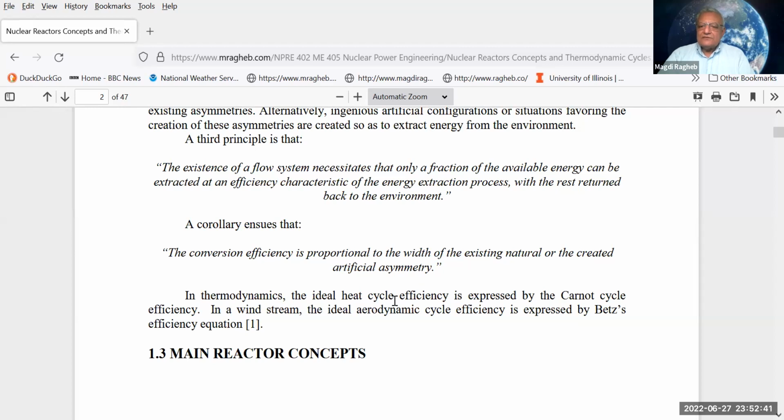You'll find that for each form of energy extraction, there is an efficiency, which is the maximum or ideal amount that a heat engine or an energy conversion process, whether it's a heat engine, a wind turbine, an aerodynamic system, or a hydraulic turbine in a hydroelectric plant, can extract.